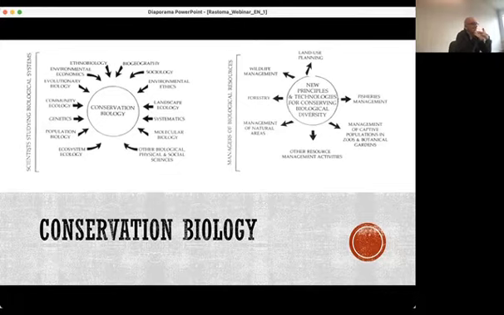It can be ecology at the level of ecosystem, ecology at the level of population, genetics, ecology of community, but also the social sciences, such as biogeography, sociology, environmental ethics. All this kind of science can be used to make conservation biology as a science.